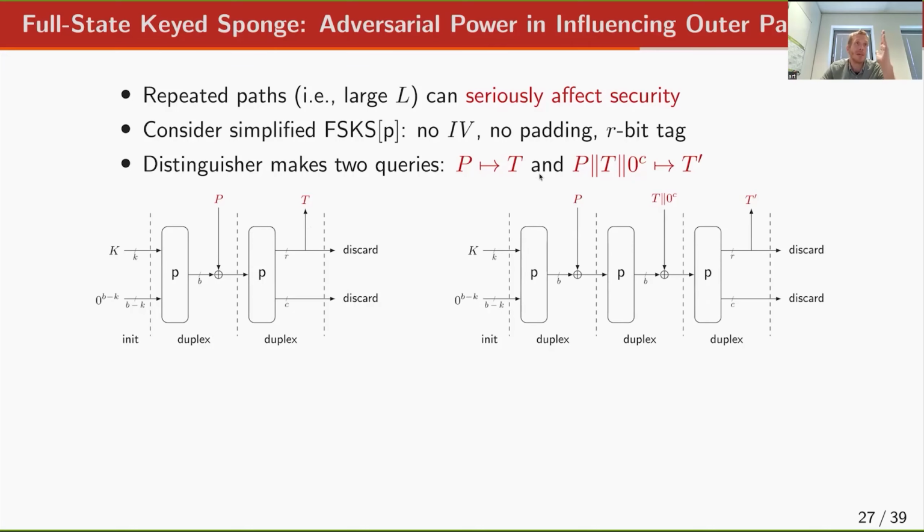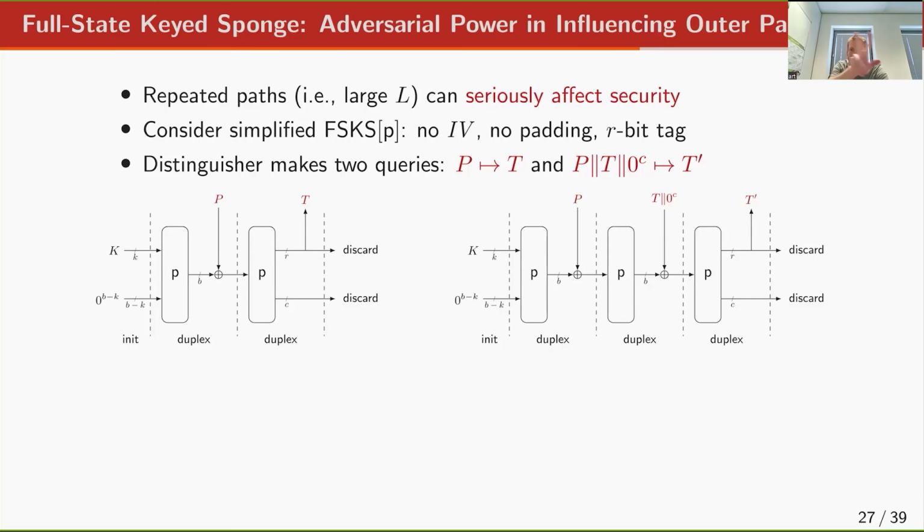Then you do a B-bit absorption, you get an R-bit tag, so that's the first evaluation. Then it makes a second evaluation with the same IV, because we have no IV, same plaintext, but the plaintext is longer, so we also have the tag and 0. So the previous tag is taken and it's absorbed. And then you get a new tag.